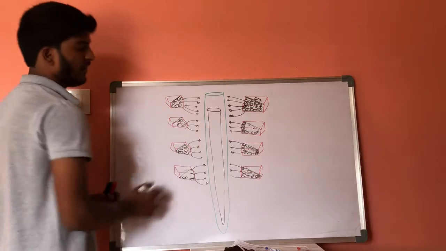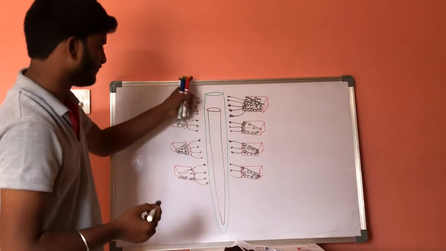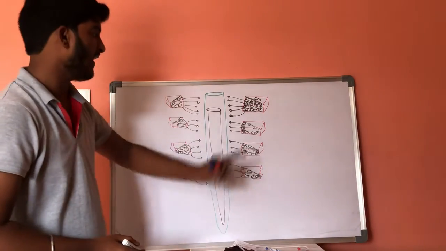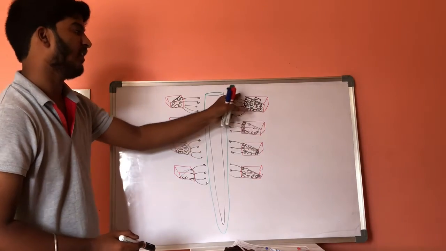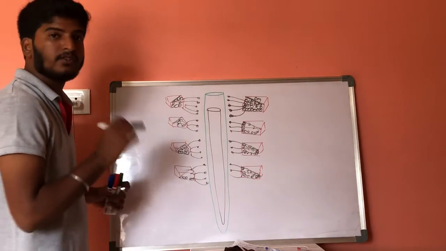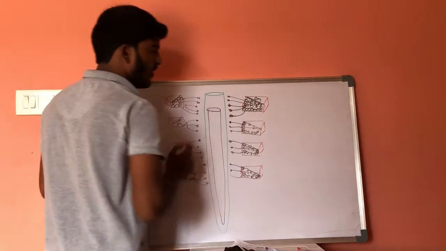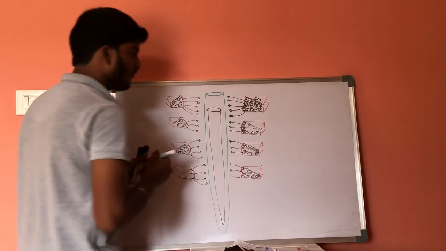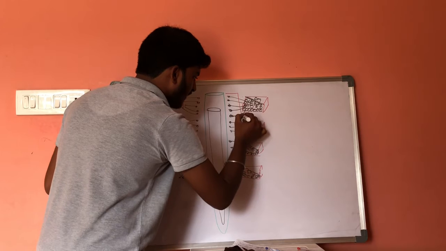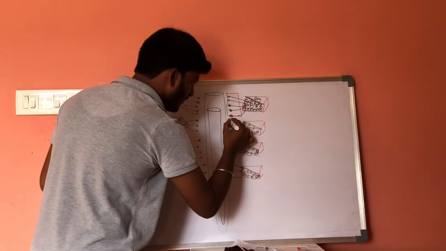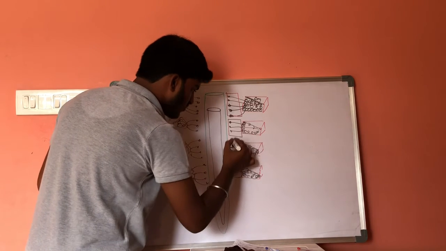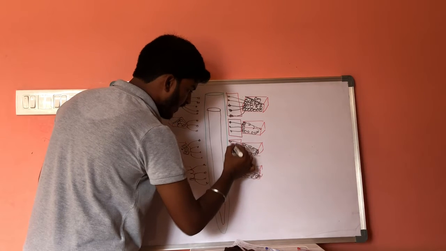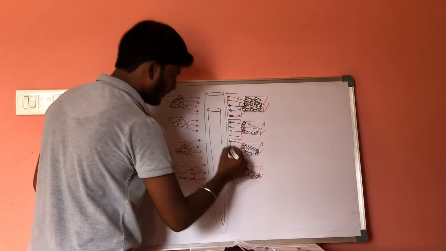These are the mesenchymal tissue which is coming towards the neural tube, and this half part of this is called the somatomere. Now if we remove this somatomere from this area, let us consider this is one somatomere, another somatomere, and another somatomere.